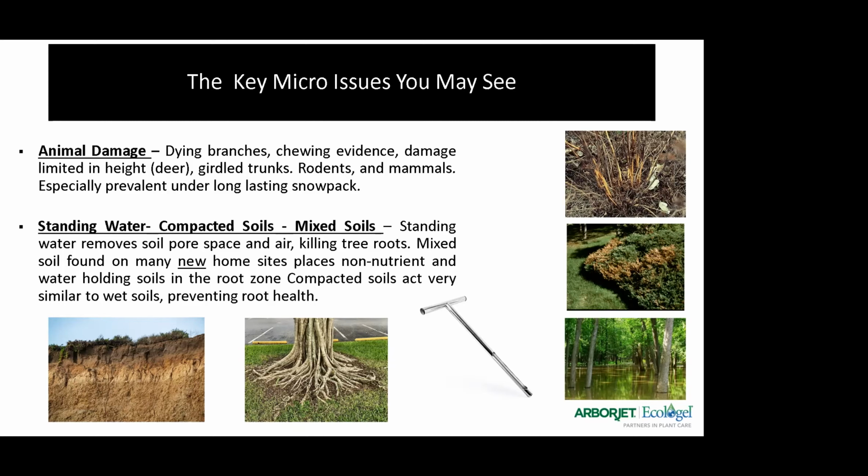So you need to look at all of those things. Compacted soils like the picture in the center, where all the roots are staying very close to the surface and they can't go any deeper, a good indication of what's going on. And of course, standing water as well as a continual problem for trees that are not meant to be in standing water.